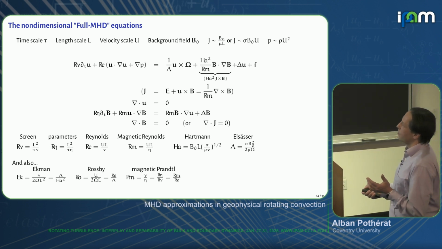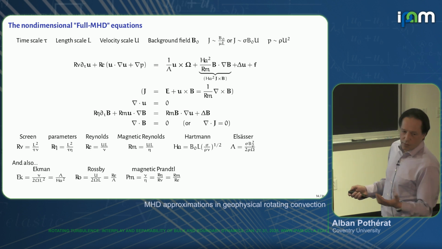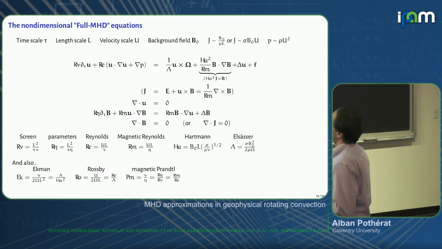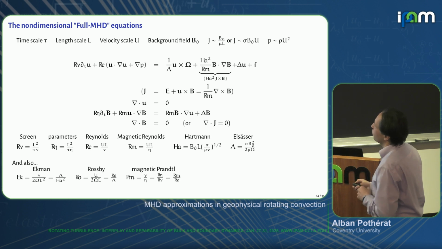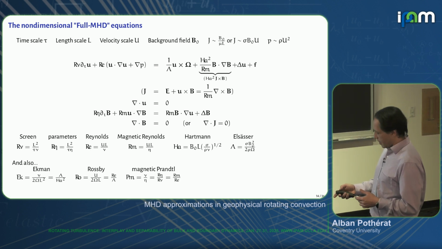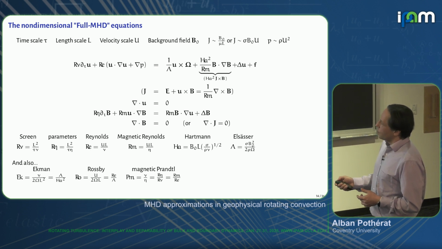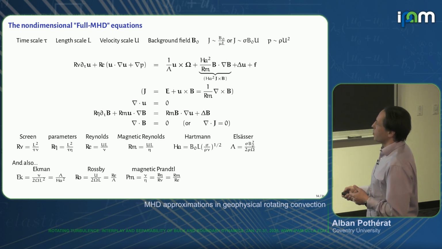You can use either scales based on Ampere's law or Ohm's law, and that gives you two different types of equations, but there's not any preference for either. And at the moment, just use the standard rho U squared for the pressure. But that also is something that can be modified to suit needs.